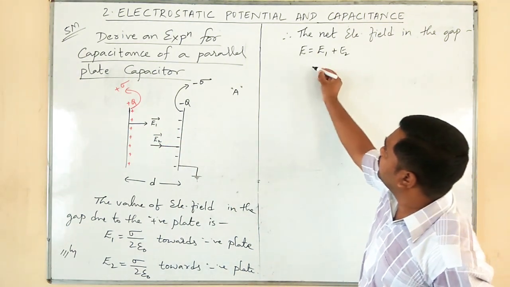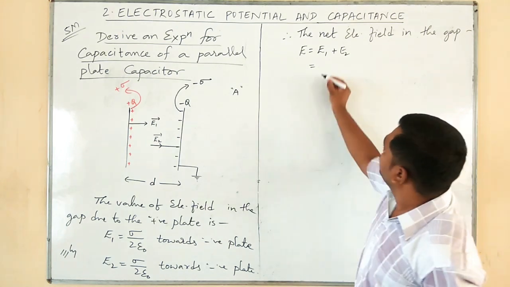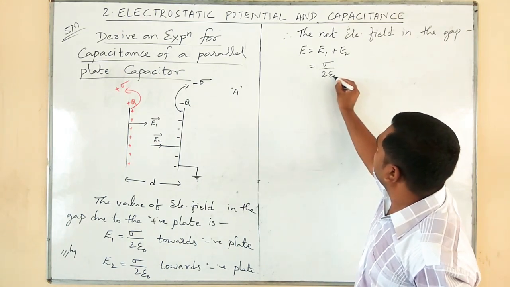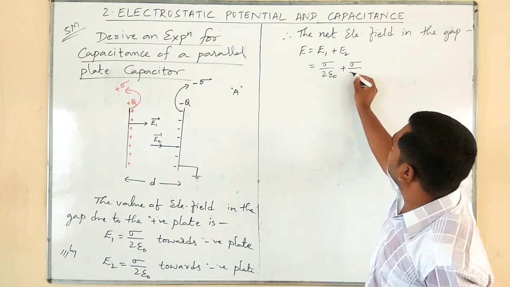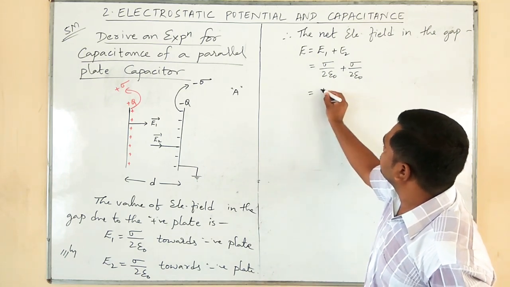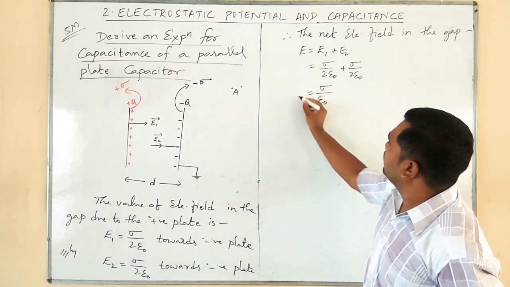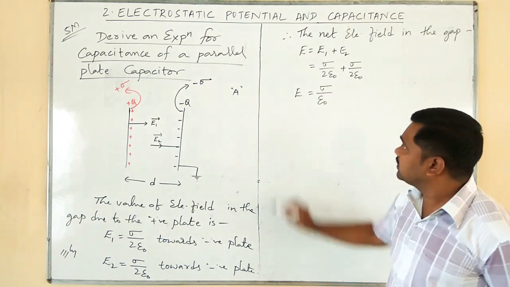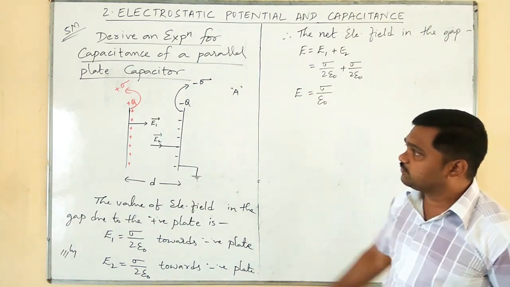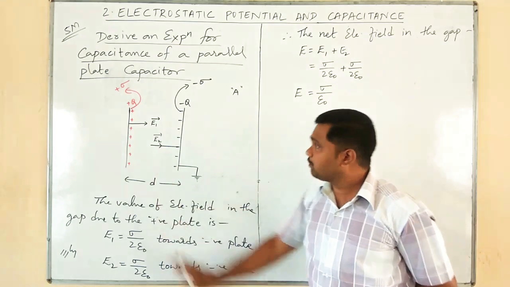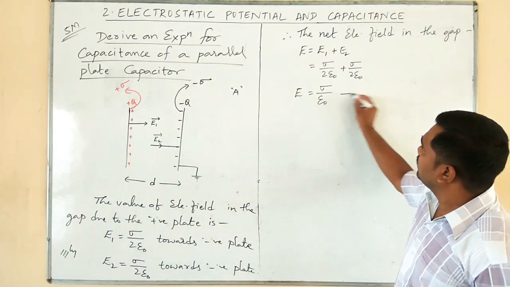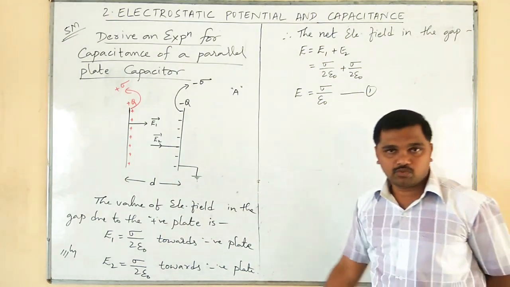Therefore, they get added. E1 plus E2, that is sigma divided by 2 epsilon naught plus sigma divided by 2 epsilon naught. It gives you simply sigma divided by epsilon naught. So this is the value of the net electric field in the gap of two plates of the parallel plate capacitor. I will call this as equation number 1.